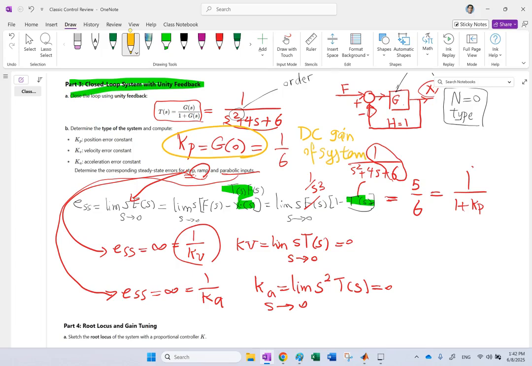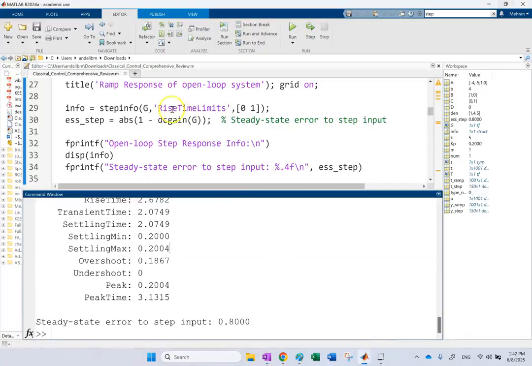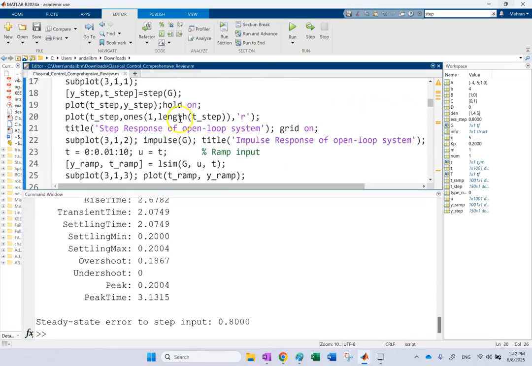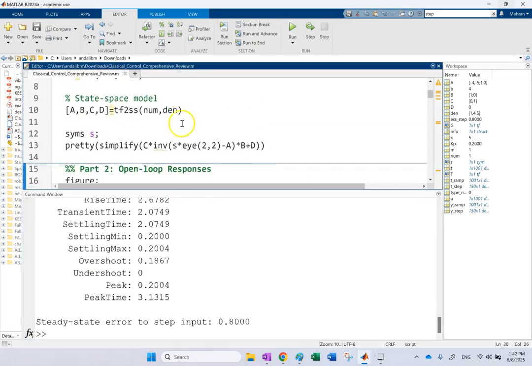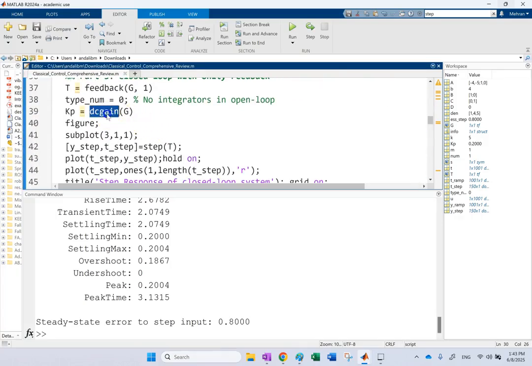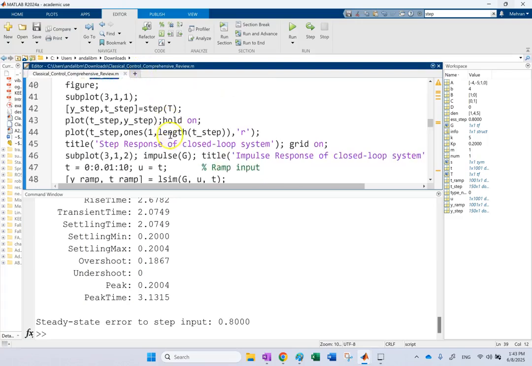So in this system, closed loop DC gain is 1/6. In the open loop it is 1/5. And in MATLAB, there is a command for it, dcgain. So when you look at my code, when I release it, if you see the command dcgain somewhere, that is basically the G at 0.